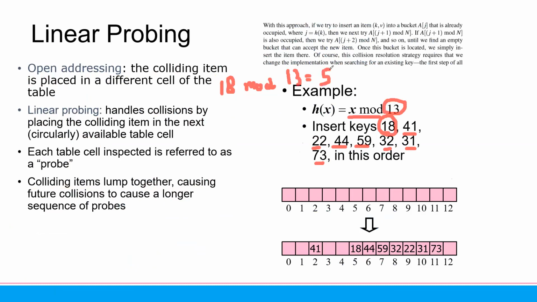Then I put 18 in index 5. Next, I go to 41. 41 mod 13 is 2. Then I put 41 in index 2.